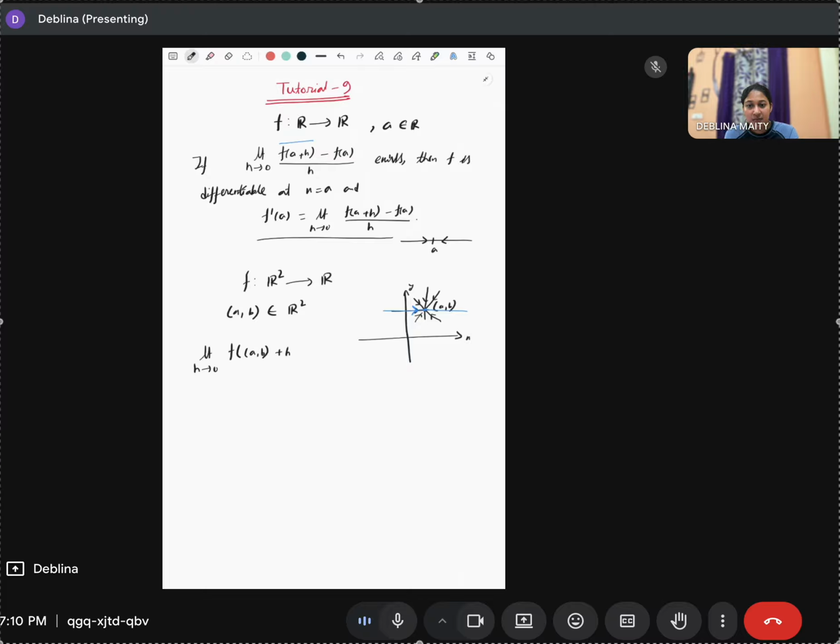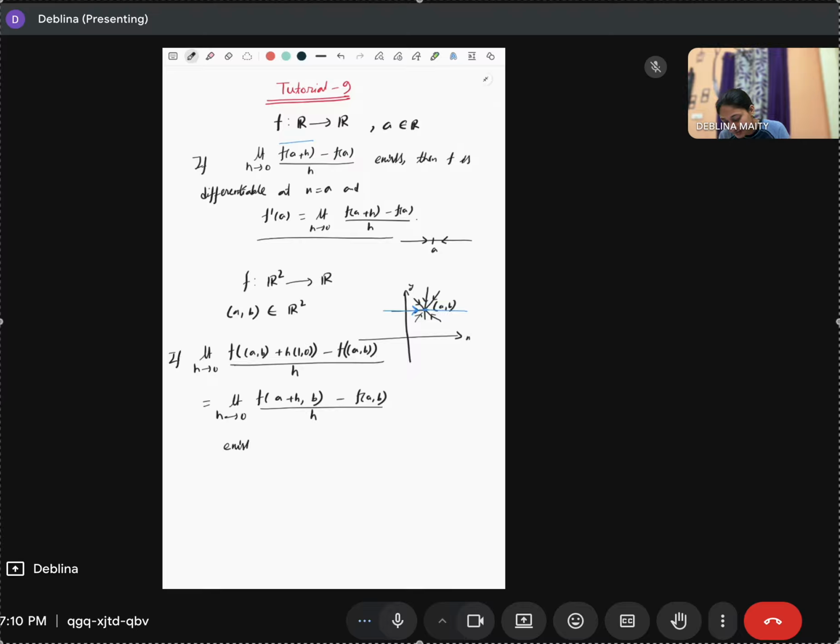Now if we approach (a, b) along the x-axis, the unit vector is (1, 0). So here it is f of (a, b) plus h into (1, 0), minus f of (a, b), by h. This is actually f of (a plus h, b) minus f of (a, b), by h.